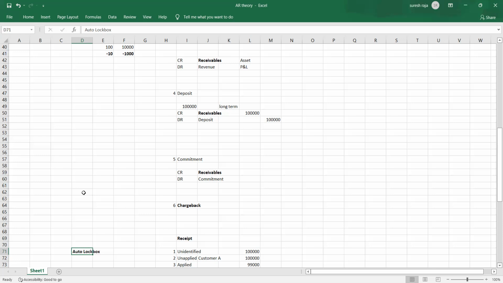And this is what they have done. I don't want to appoint an office, my business is here only, but my customers will remit directly into the bank. The bank will charge 1 or 2% commission, and the remaining will be credited into the account. This process is physically called auto lock box.